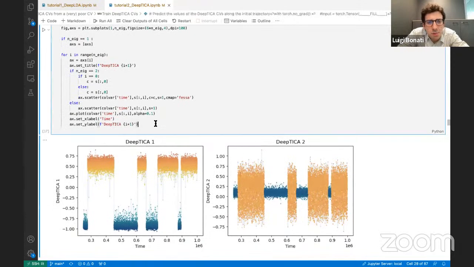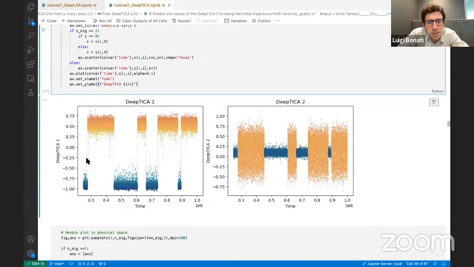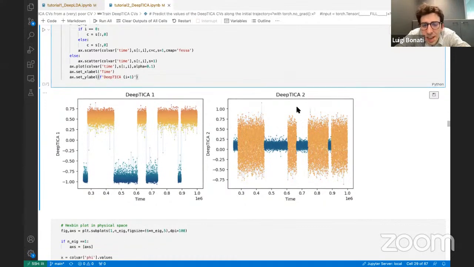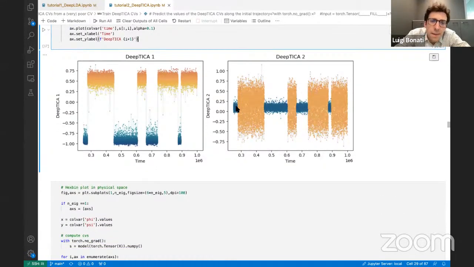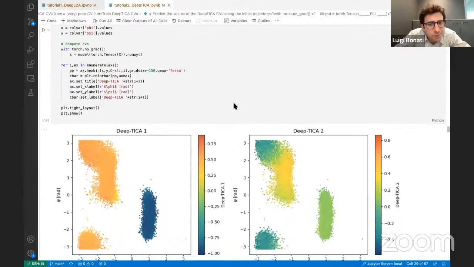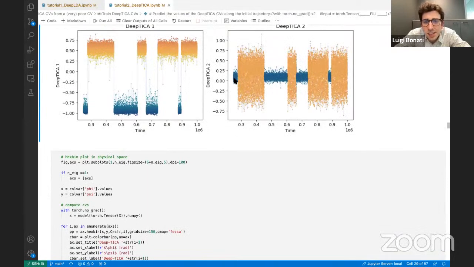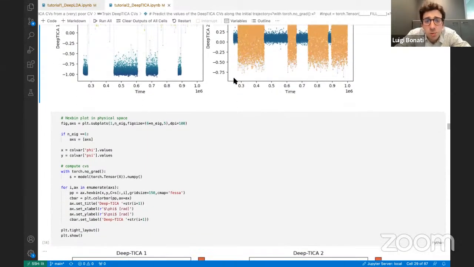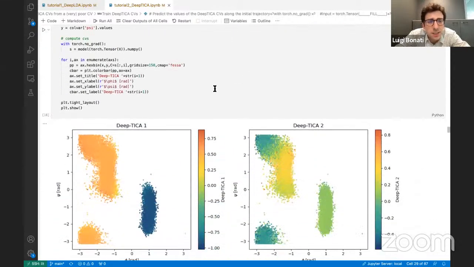Here is the time evolution of deep TICA 1 and deep TICA 2 across the trajectory. We see that deep TICA 1 is describing a rare transition between the states, while deep TICA 2 just assumes two different values in the two states, but it doesn't seem to describe a slow transition between them.